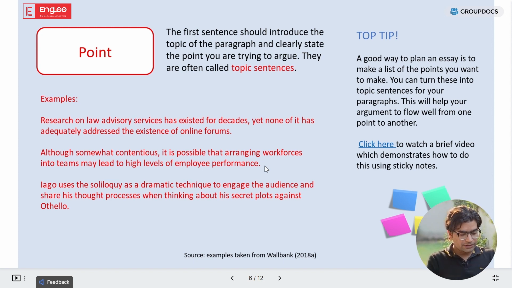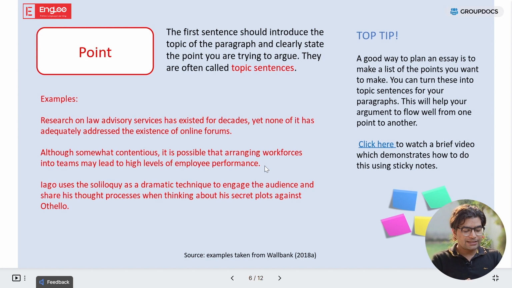If we move forward, we can see it's written, although somewhat contentious, it is possible that arranging workforces into teams may lead to higher levels of employee performance. If we move forward to the third example, which says Iago uses the soliloquy as a dramatic technique to engage the audience and share his thought process when thinking about his secret plot against Othello. So these are the examples of your title sentences.